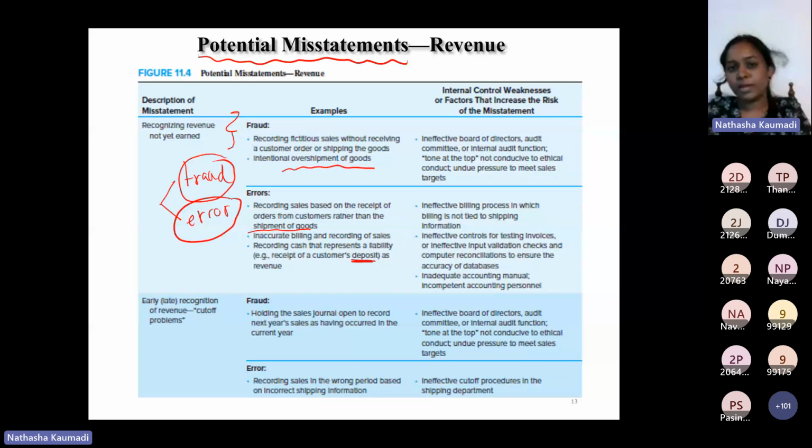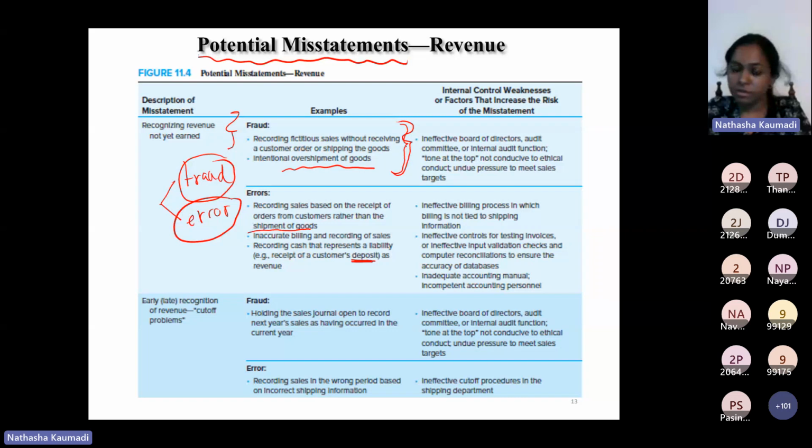Now I think you have a good understanding of the misstatement, and remember, the same misstatement can happen as a result of fraud or error. These are the examples. Now we see the next column: internal control weaknesses or factors that increase the risk of the misstatement. If there are frauds like this, with no sales orders, no shipments, but the sales have been recorded.